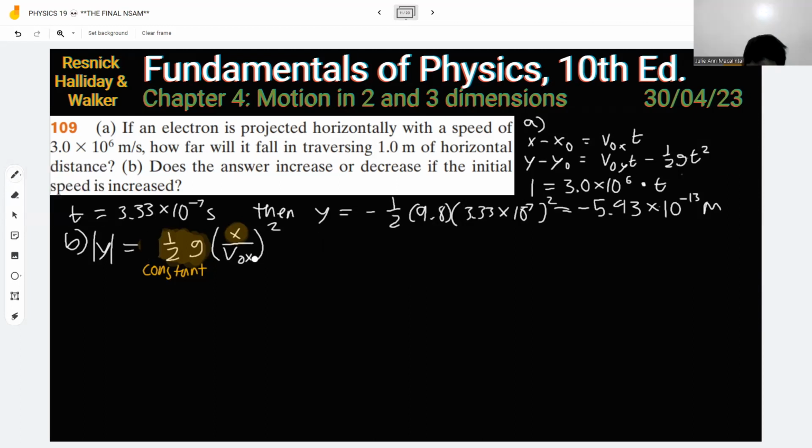Okay, so when V0 increases, if the initial speed is increased, what will happen? So, yeah, the amount fallen decreases.